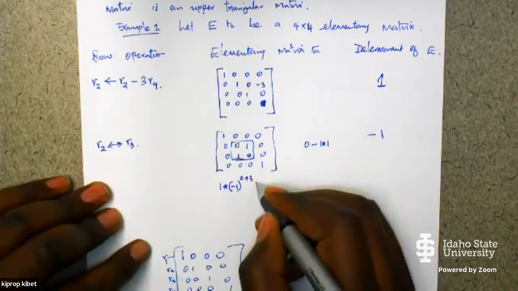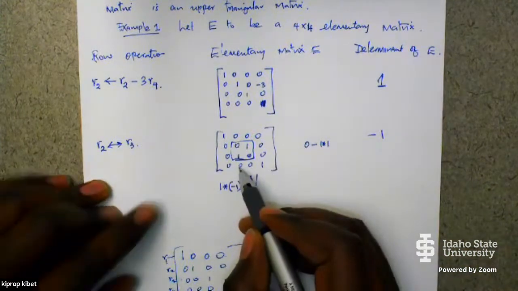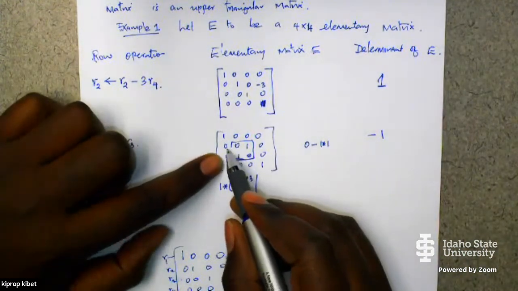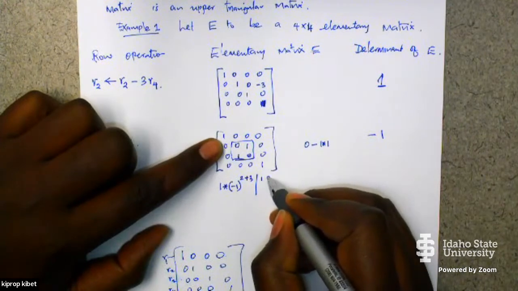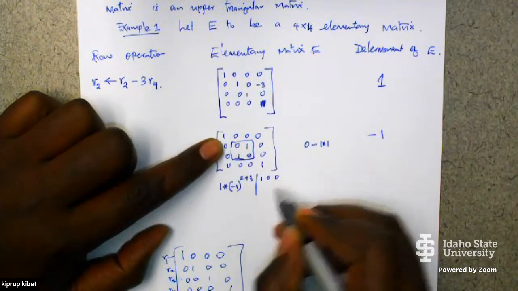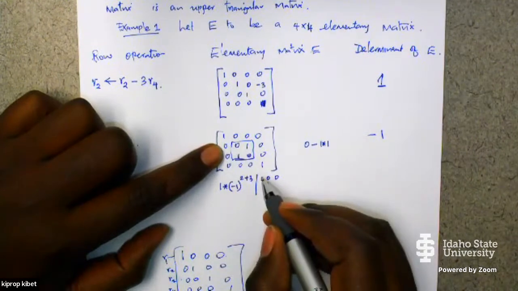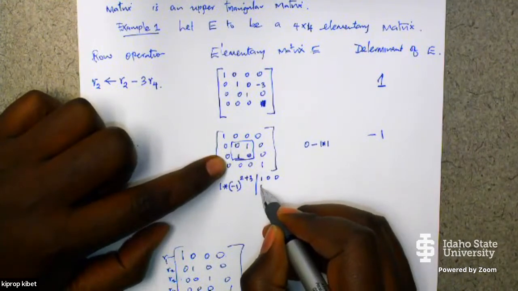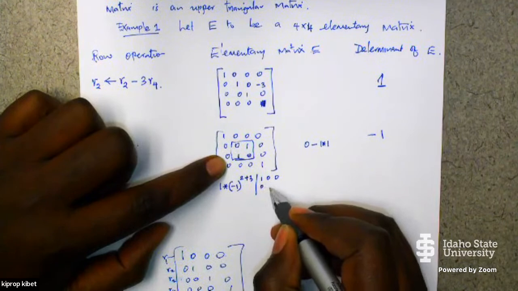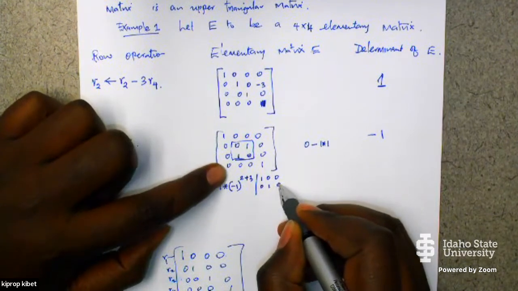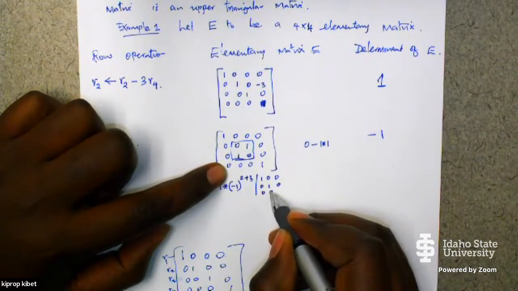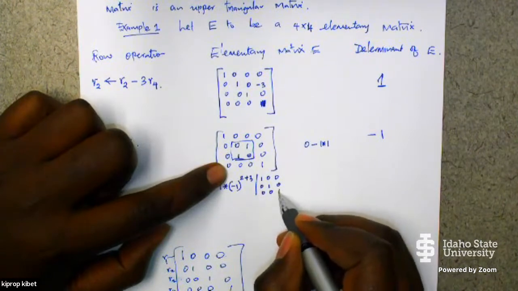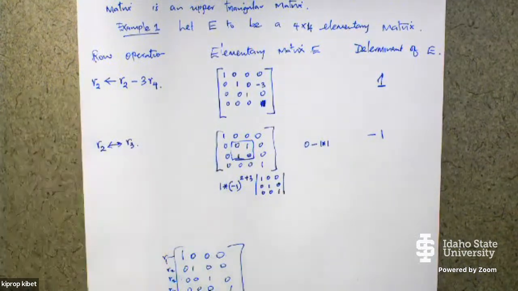Okay. And then determinant of 1, 1, 0, 0. And then this is 0, 1, 0. And then this one is 0, 0. And then 1 there.